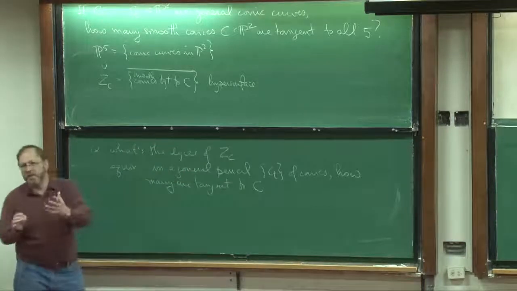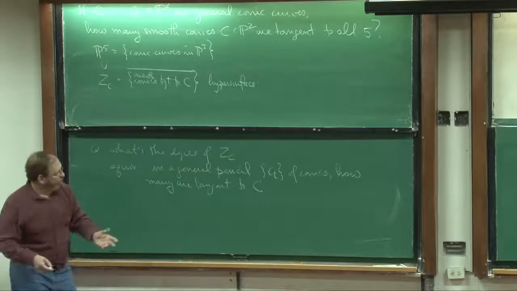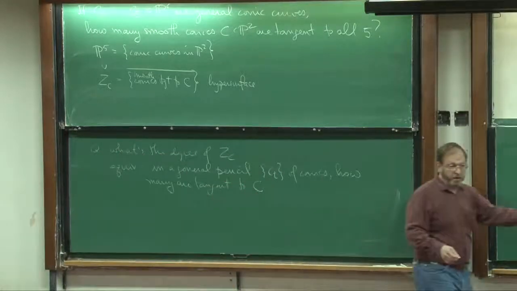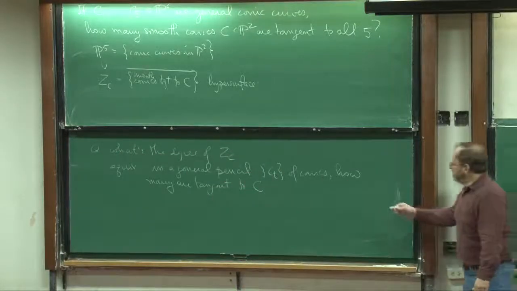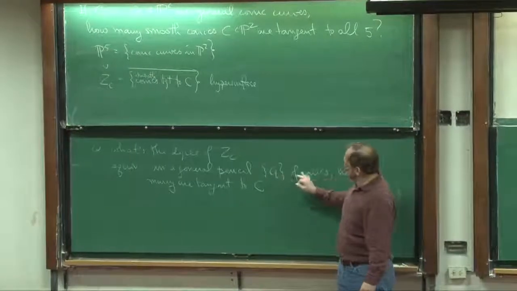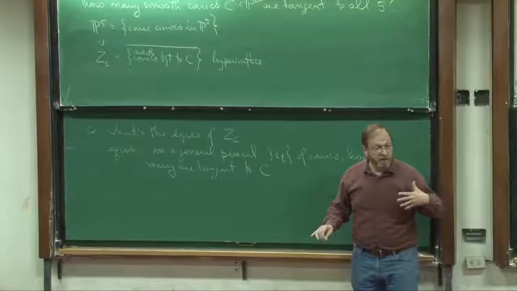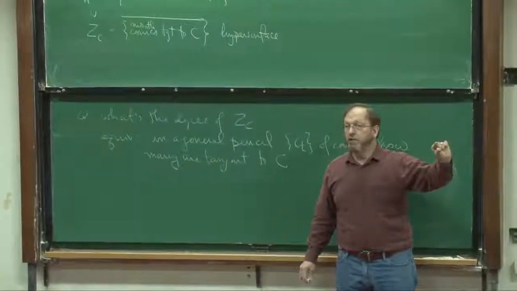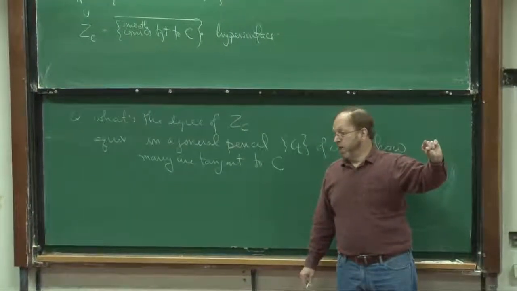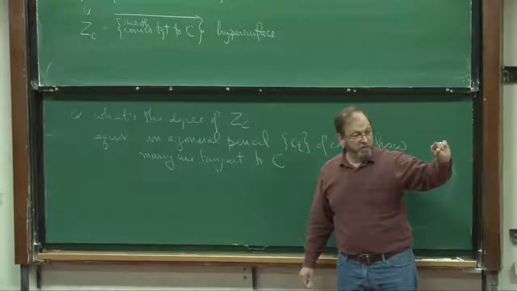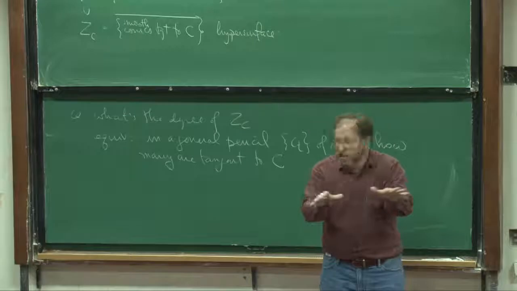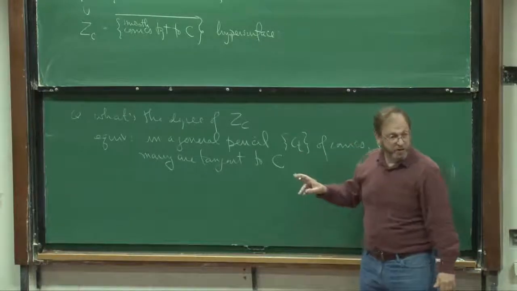Well, there are many, many ways to do this. You could take the fixed conic C and parameterize it by P1, and then take the equations of these conic curves and pull them back to P1. You get a pencil of degree 4 polynomials in one variable, and the coefficients of those polynomials are just linear functions of a parameter t.